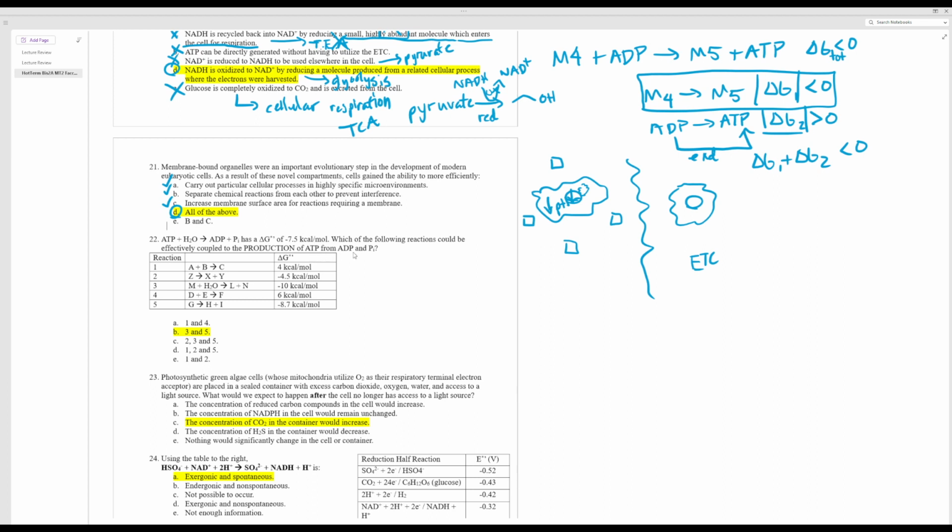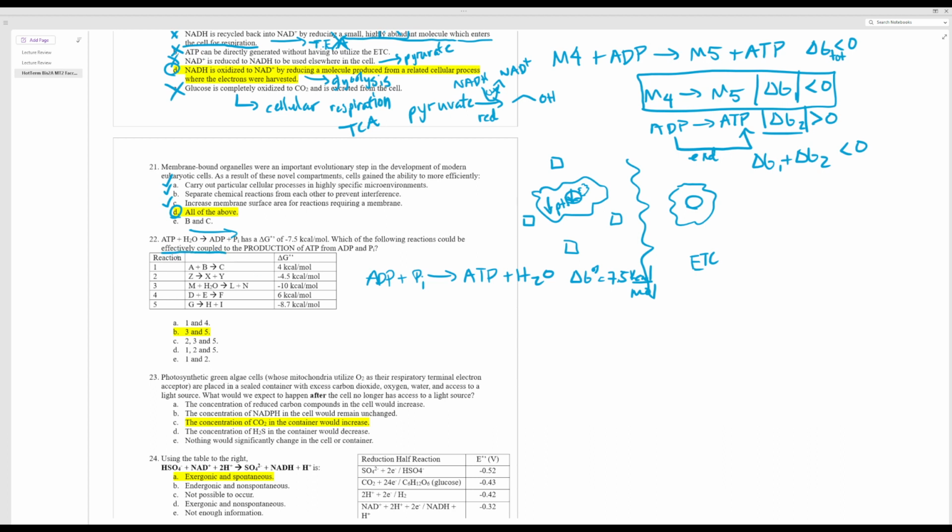So we're producing ATP from ADP and P sub I. If going in this direction has a delta G naught prime of negative 7.5 kilocalories per mole, that means ADP plus P sub I going to ATP plus H2O has a delta G naught prime of 7.5 kilocalories. Right? Because we're just doing the opposite reaction, so it should have the same magnitude of delta G naught prime but a different sign.